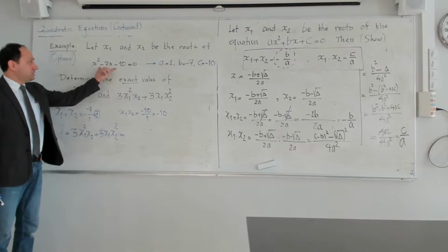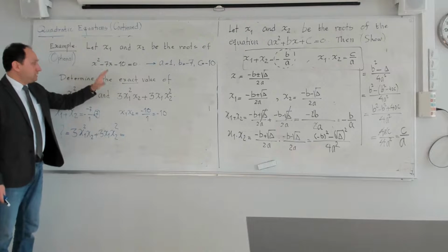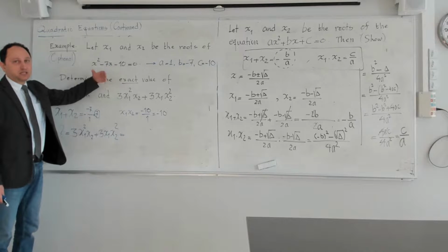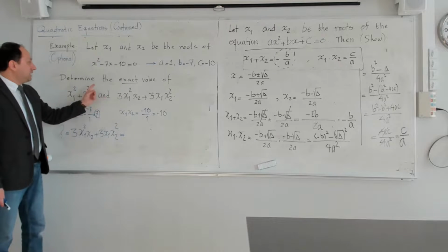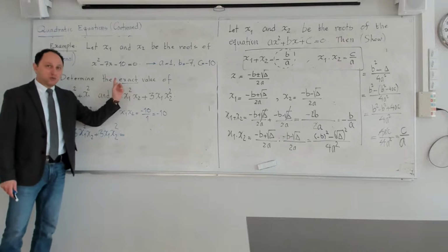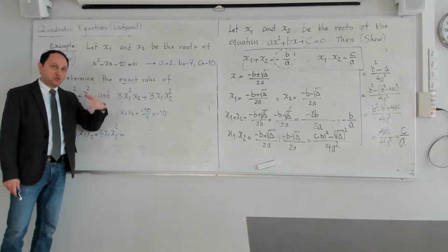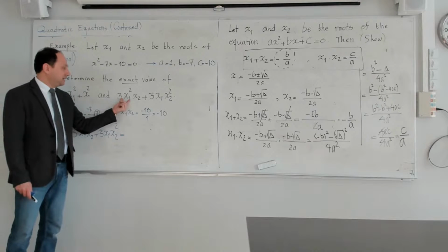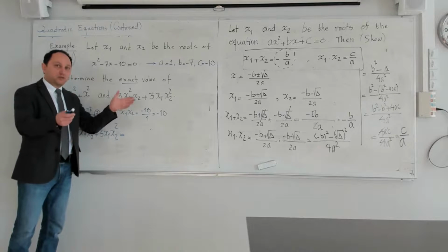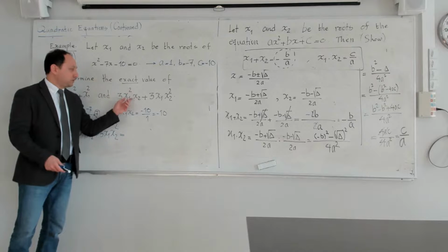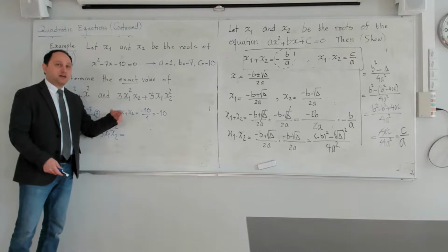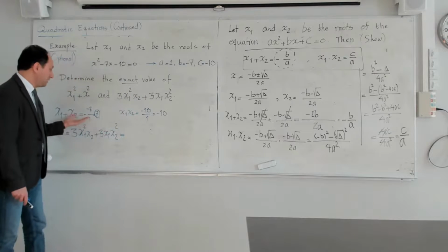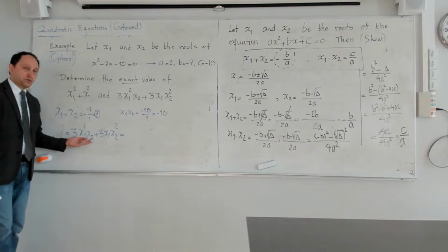If you solve this, you will immediately agree that the solutions are not nice, they involve square roots, and the question asks you about the exact value, you are not allowed to approximate, so you have to work with exact values in the form of square roots, and then 3 times that number involving a square root, and then raise it to power 2, and then multiply it by that. Of course, I recommend you to do it at home like this, to understand the benefit of this way of solving that I want to present now.